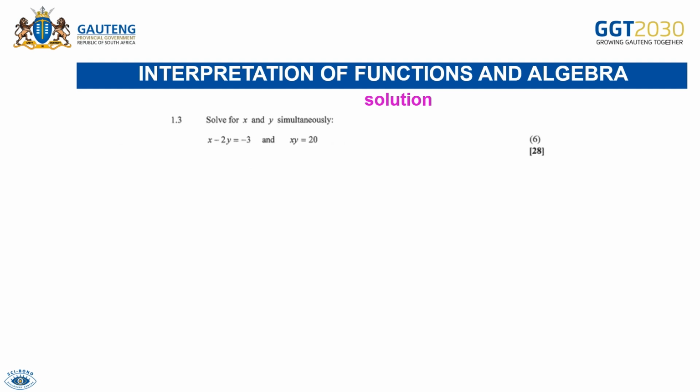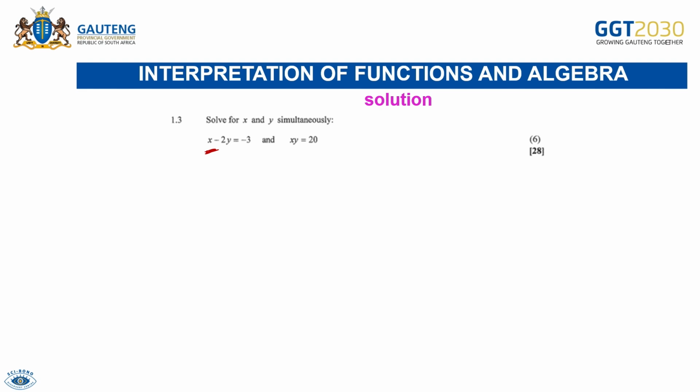Then solve for x and y simultaneously. So here you need to name your equations the way I said in the first question. Then you make the first equation to be equation 3 because it has got the coefficient of 1. So you can make x the subject of the formula. Why are we not making y the subject of the formula? Because if you are removing that negative 2 there, you'll get x divided by negative 2 and also divided by negative 2 on the other side.